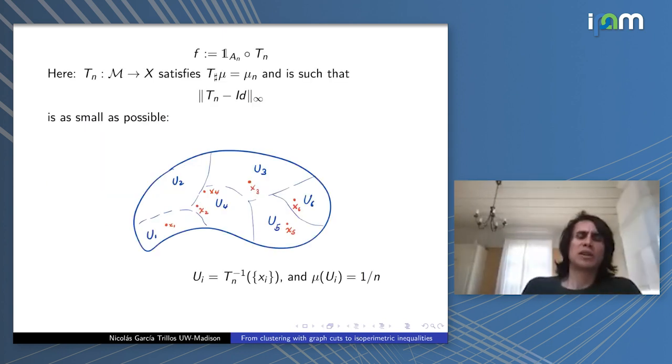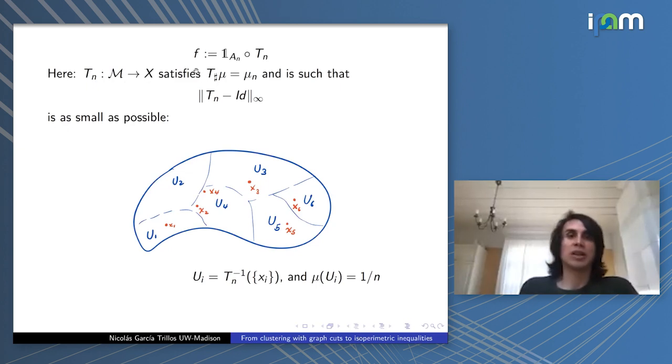And just to give you a flavor of the way this is done, it is as follows. If we have a discrete set, we are trying to build this continuum set. What we do is compose that discrete set with a map that takes you from points on the manifold into the data set. This map has certain properties.